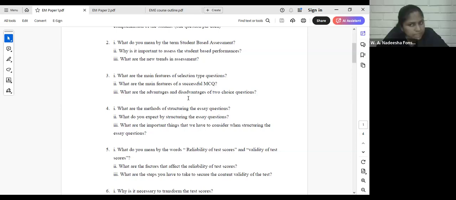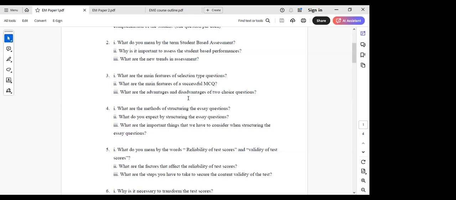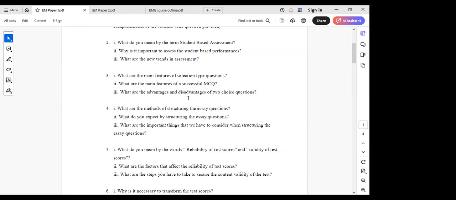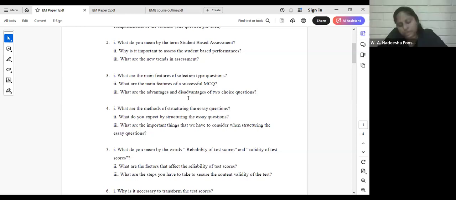It means it is limited to knowledge. Very limited knowledge can be checked there. Can't write creative answers. It means it can't measure the creativity of the candidate.